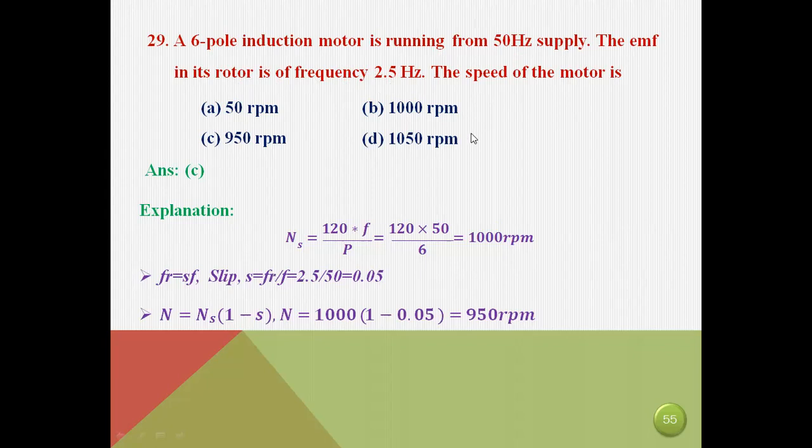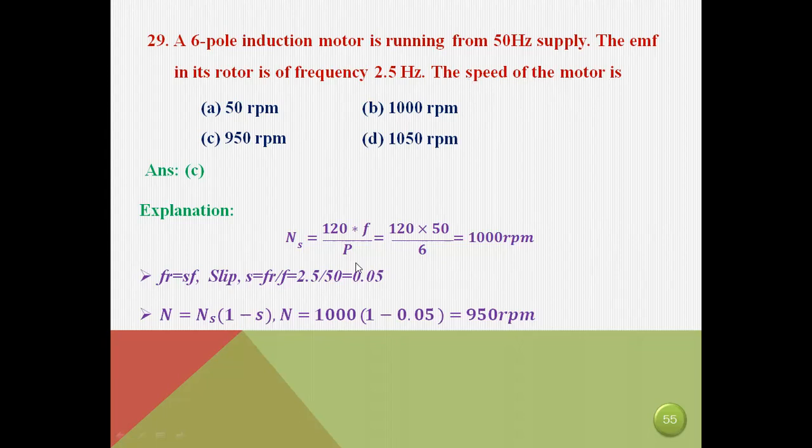We have the equation Fr equal to S into F. So we can solve here for slip. We have the value for Fr and the value for F. You can solve 2.5 upon 50 and you will get 0.05. Now you are supposed to find the speed of the motor. Sometimes they will give the speed of the motor, sometimes the speed of the rotor.